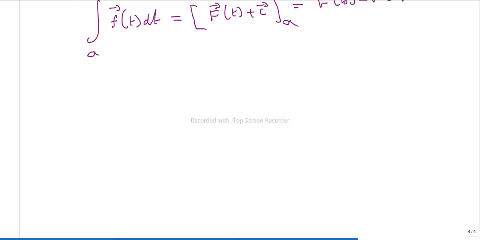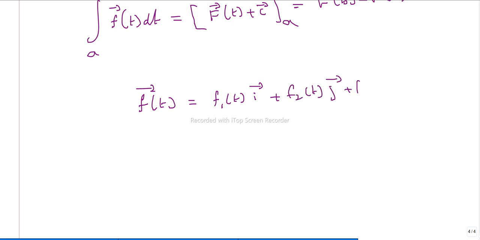Otherwise, suppose you know f of t, the vector f of t, and it has some components, we can suppose f1 of t into i vector plus f2 of t into j vector plus f3 of t into k vector. Now, what is the integral from a to b of f vector of t into dt? Just integrate term by term.